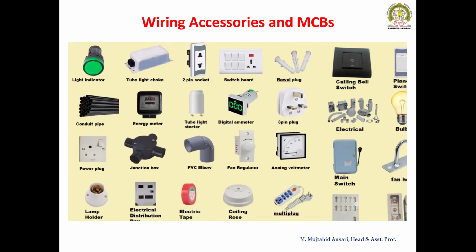So it comes in different sizes, like a one-way, meaning the board is used for connecting only one switch. It may be one-way, 4-way, 6-way, 8-way, and 12-way. Say this is the board: 1, 2, 3, 4, 5, 6, this is 7, 8. So this is the 8-way.